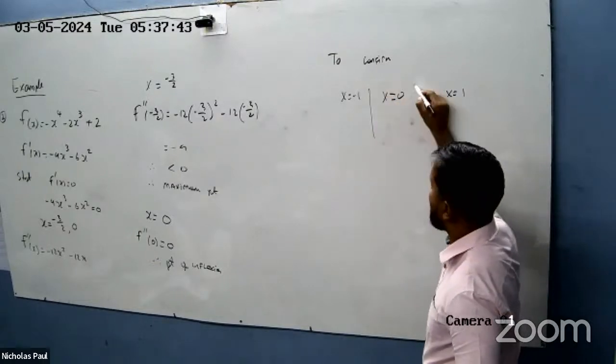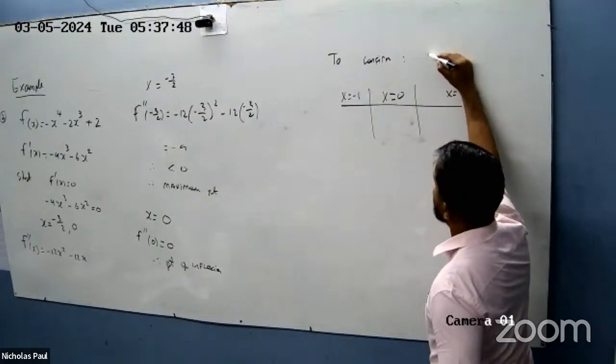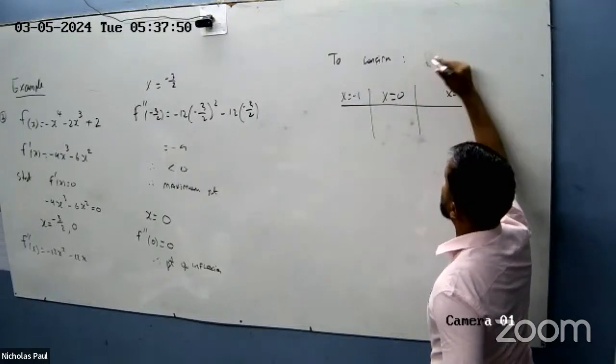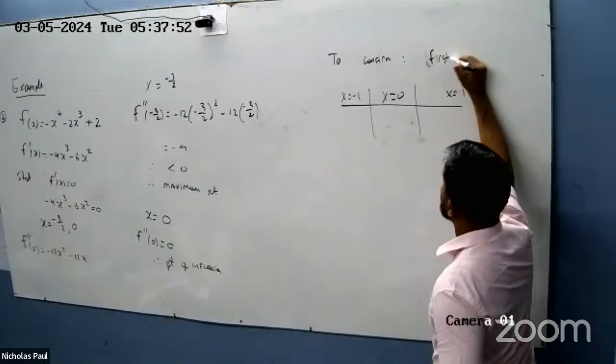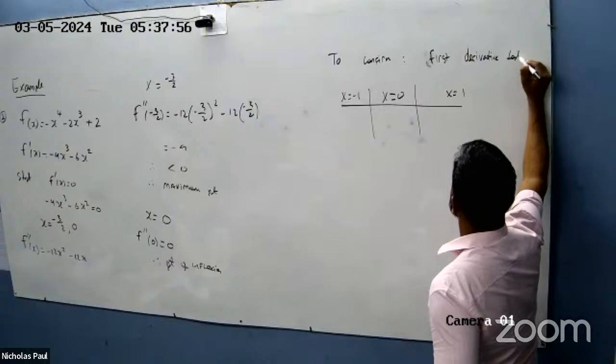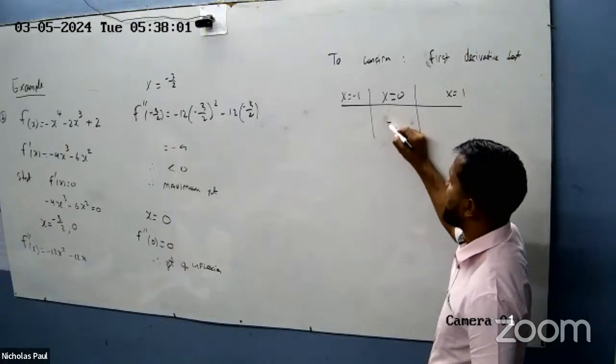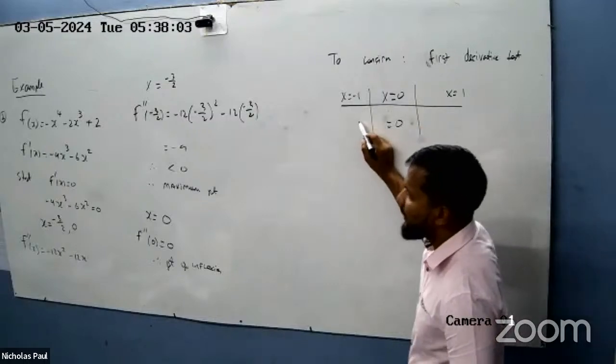And just check it out quick. This is the first derivative test. So the first derivative here, we know is equal to 0. Plug in -1.